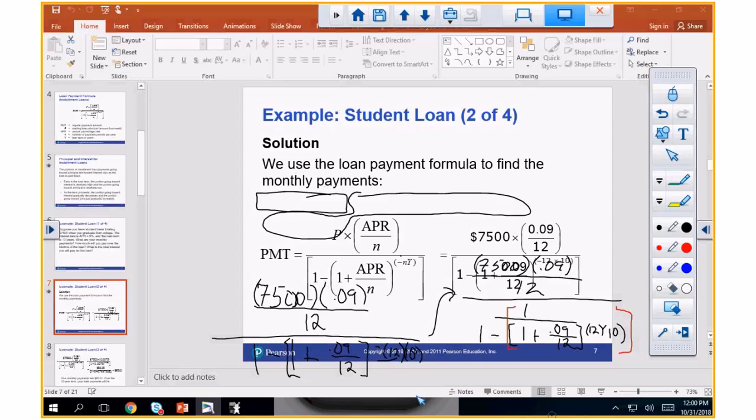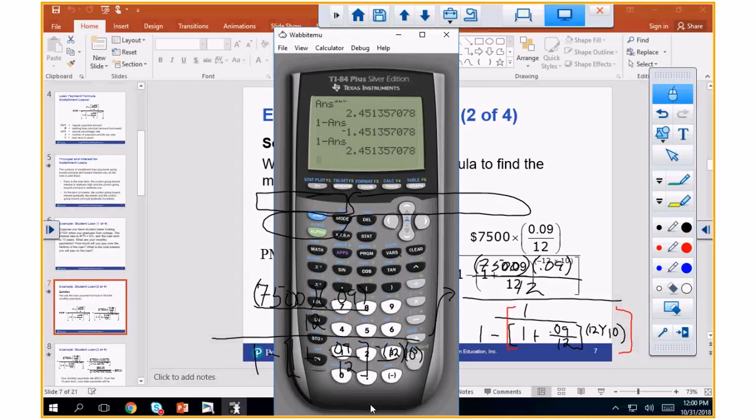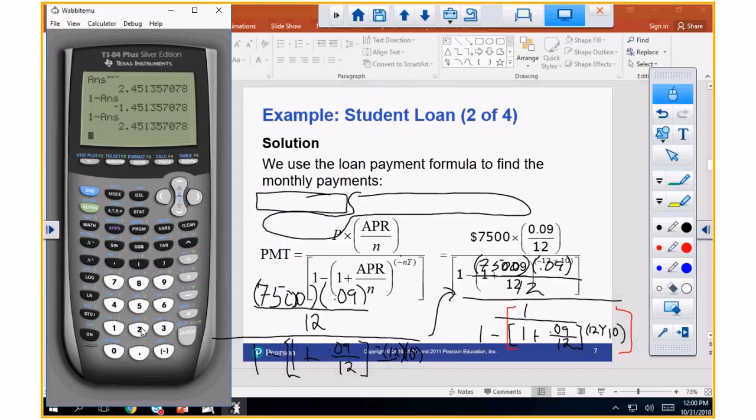Okay. Let me go back to the calculator and redo that calculation. I know I got the top right. So that's going to be 0.09 divided by 12 equals, plus 1 equals, raised to the 120th power equals, and then we're going to take 1 divided by that, so 1 divided by inverse answer. Aren't y'all glad I showed y'all this last class?